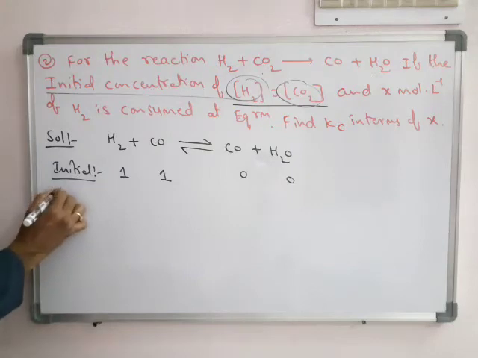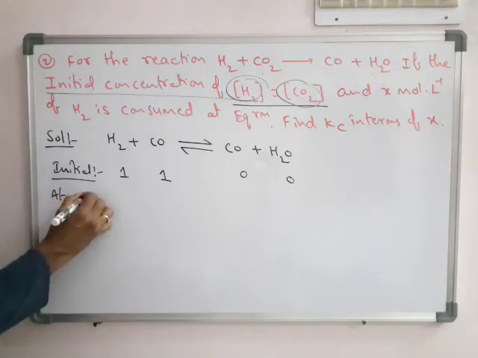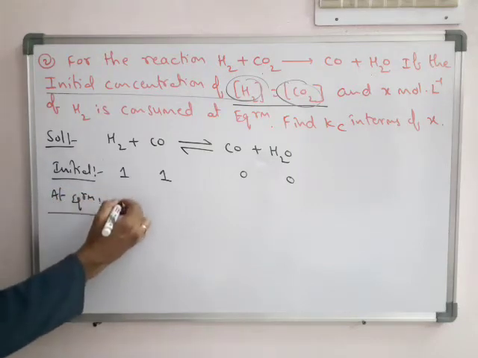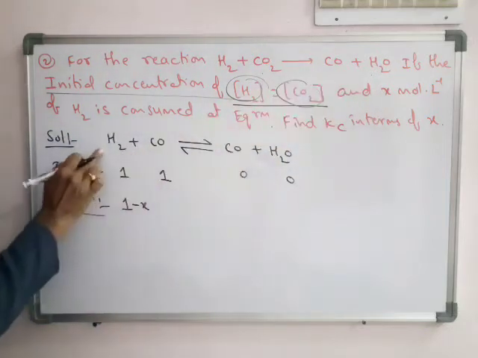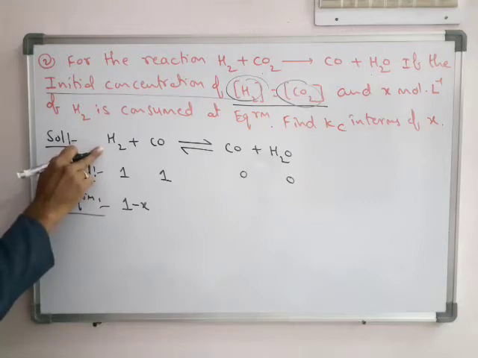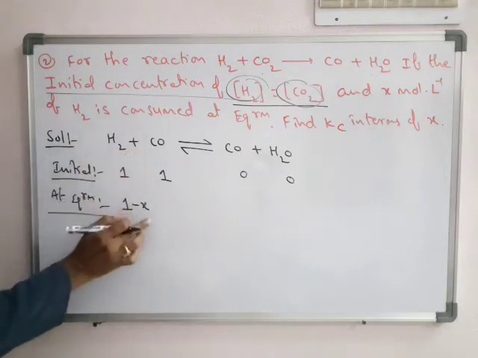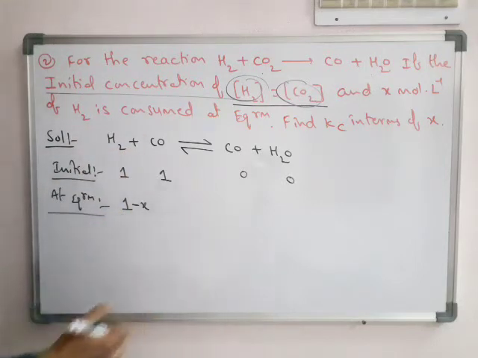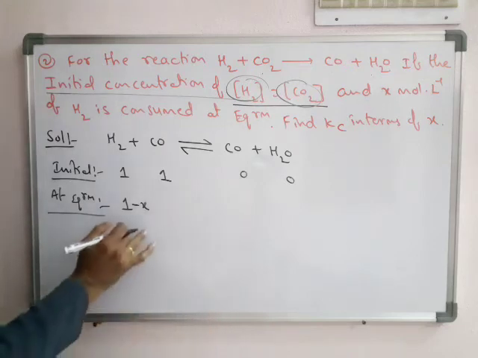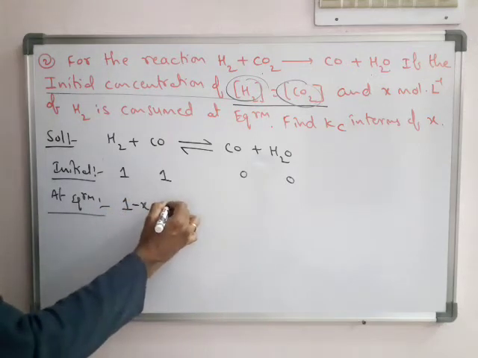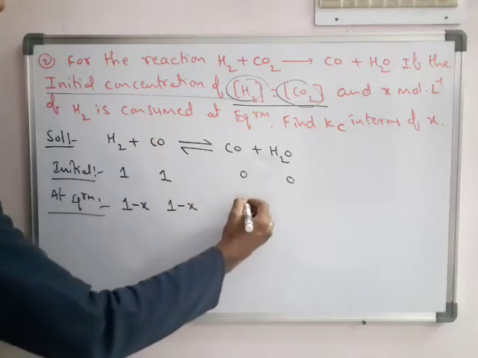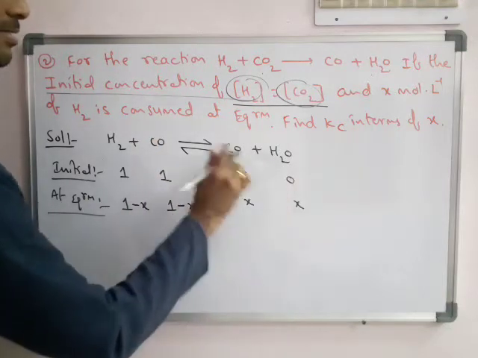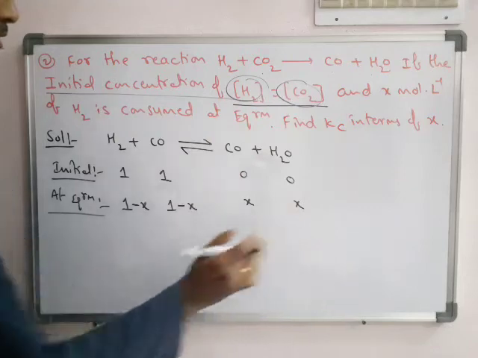So what is the concentration at equilibrium? At equilibrium, 1 minus x moles of hydrogen remains, since x moles per liter went into the reaction. CO2 is also exactly 1 minus x because it is 1 mole, and the products are x each.